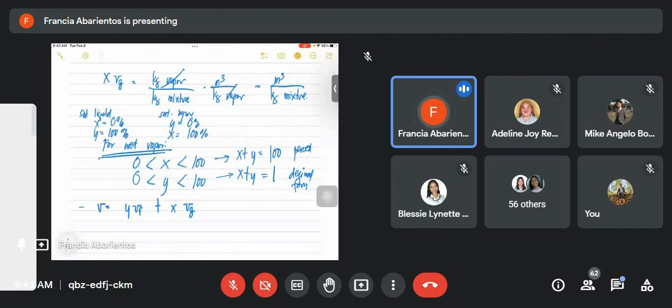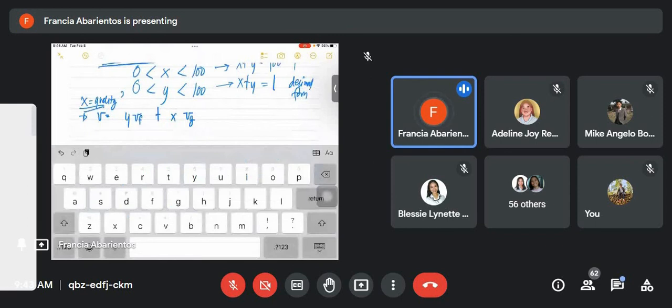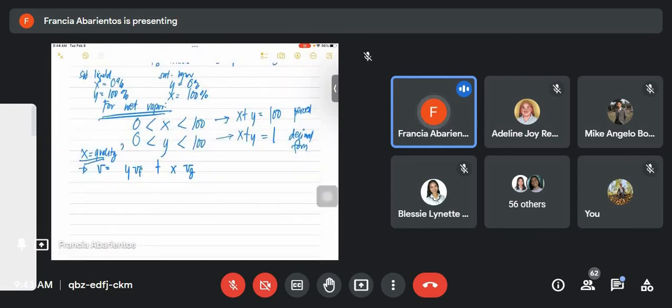Kasi kadalasan binibigay sa problem is the X or yung quality natin. Okay. So, from here also, we know that X plus Y is equal to 1. So, in decimal form tayo. And yung Y natin is 1 minus X. Am I right? Substitute mo to sa equation 1.